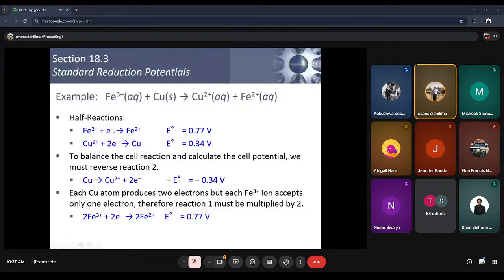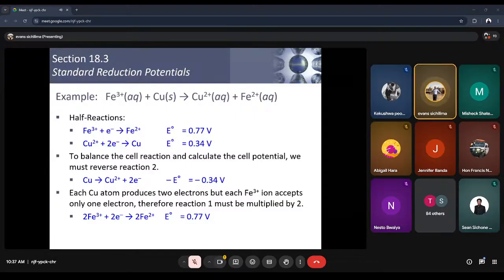So if you want to balance electrons, you multiply throughout by 2, so that the electrons that are being produced by the copper atom to become copper ion, producing 2, are the electrons that are going to be gained by the substance that is undergoing reduction. So electrons here are critical when it comes to balancing.